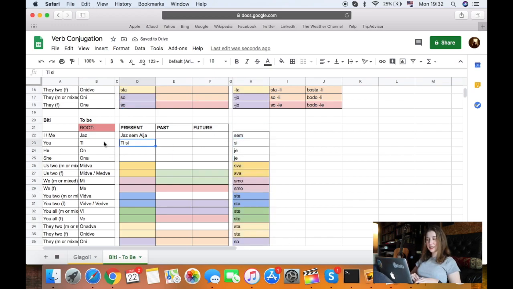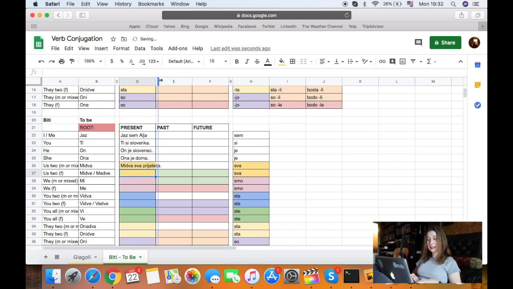Ti si, let's say Slovenka, you are a Slovene, a female Slovene. Then we can say on je Slovenec, he is a Slovene. Then ona je doma, she is home, or she is at home. And midva sva prijatelja, we are friends.